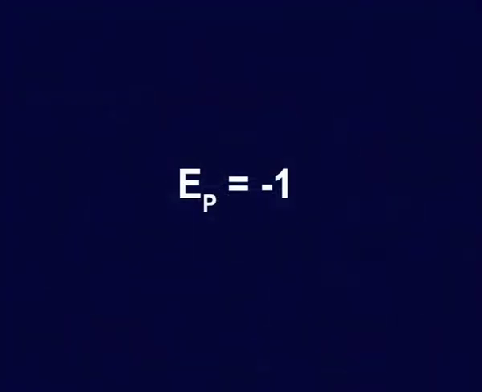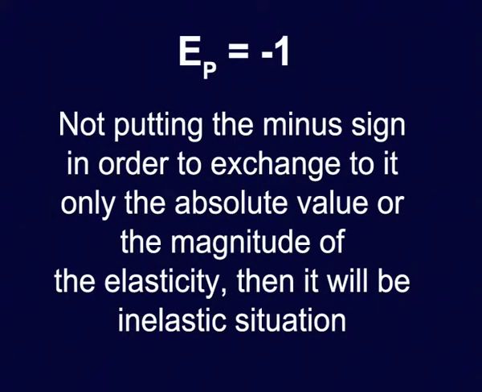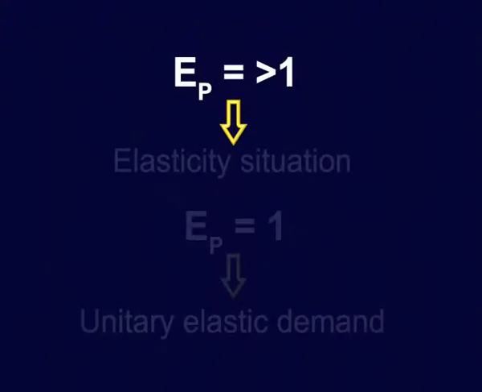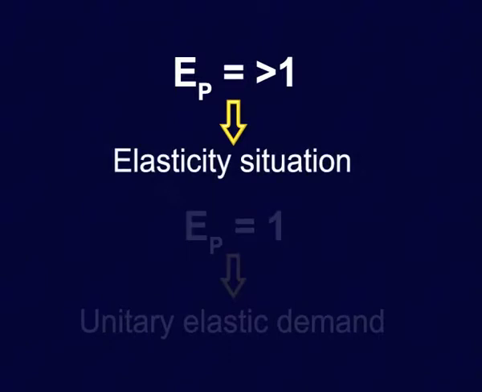In other words, if EP is less than 1, and now we are not putting the minus sign, in order to accentuate only the absolute value or magnitude of the elasticity, then it will be an inelastic situation. If EP, that is price elasticity of demand, is greater than 1, then it will be an elastic situation.